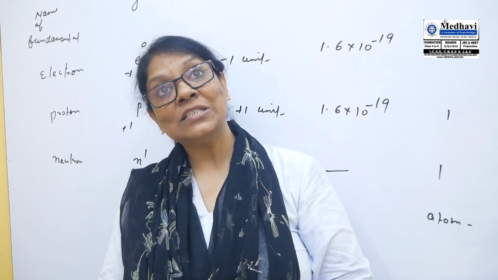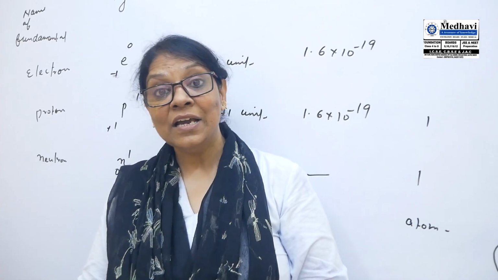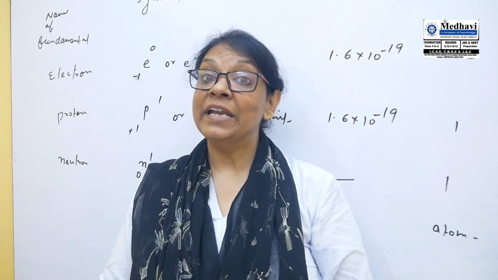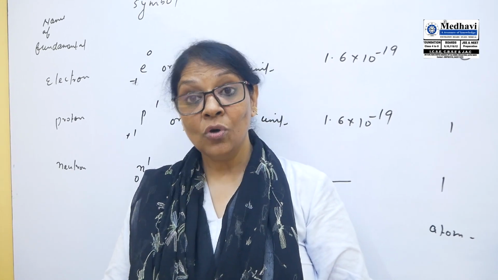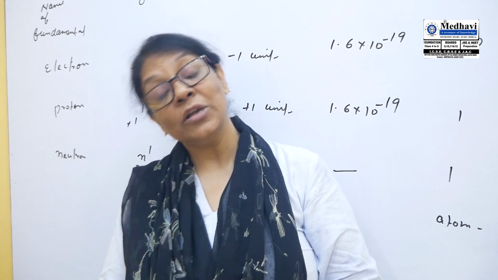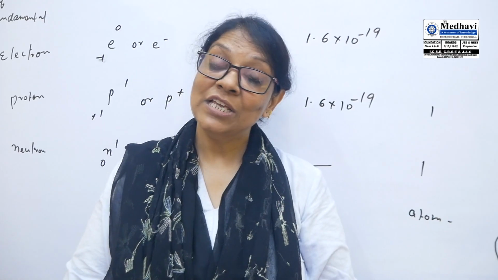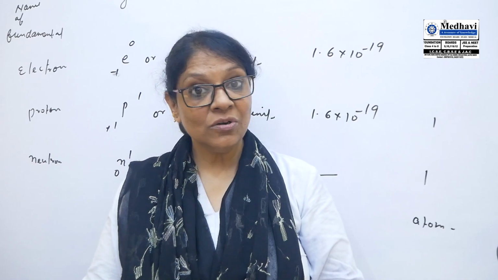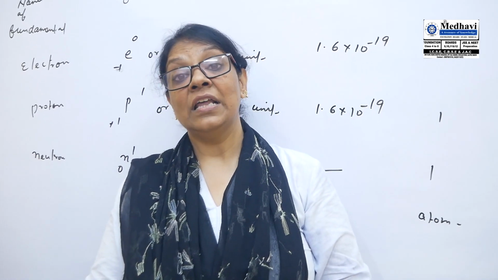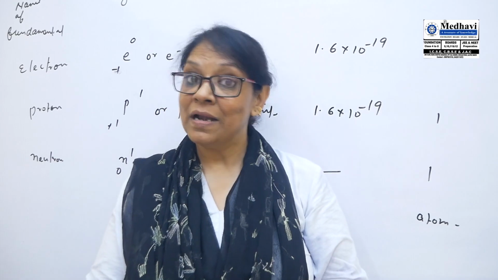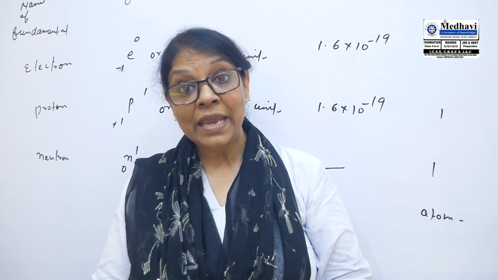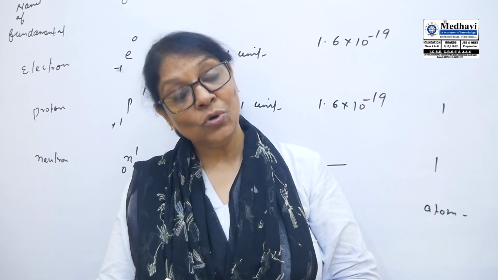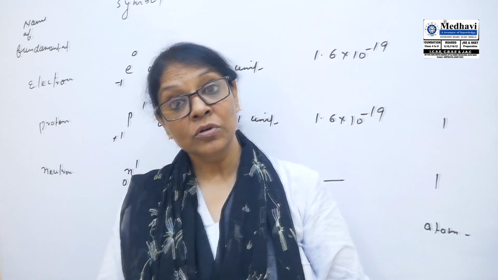Monoatomic: there are some elements like helium, neon, argon, they exist independently. So they exist in a monoatomic form. Their atomicity is 1. But hydrogen, oxygen, nitrogen, chlorine, they are not present independently in nature. They are present in the diatomic form to produce H2, N2, O2, Cl2.